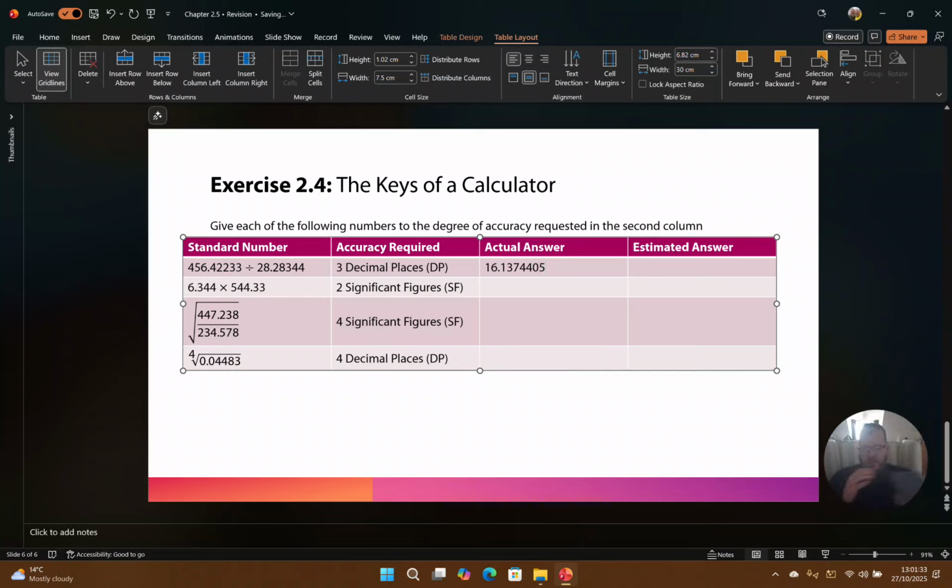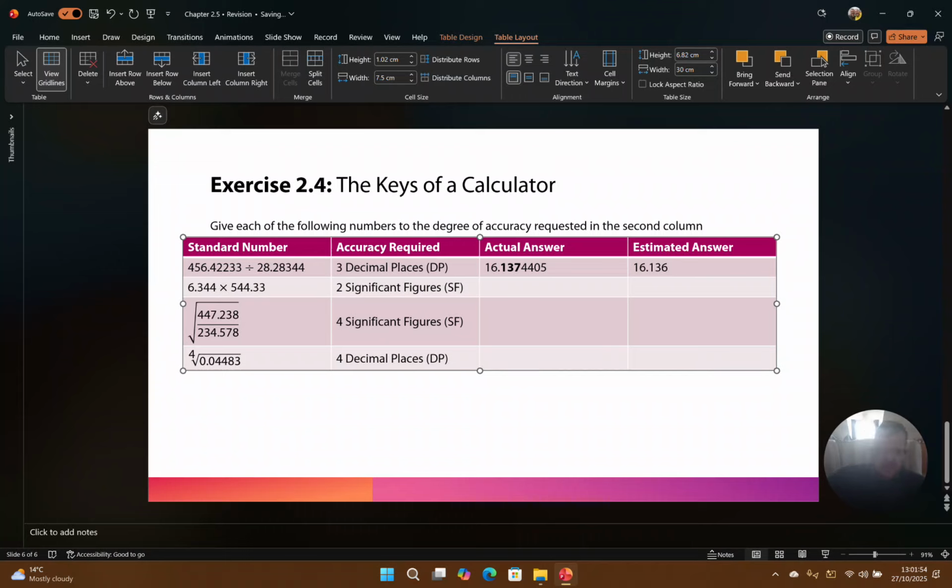And then we will do 3 decimal places, which will take care of those 3.